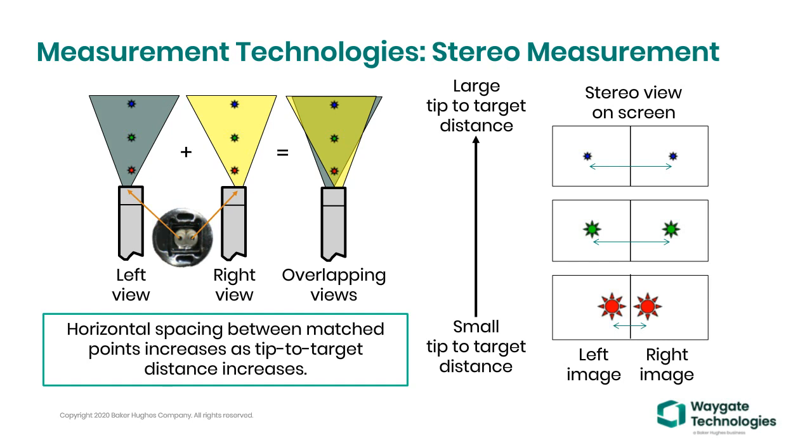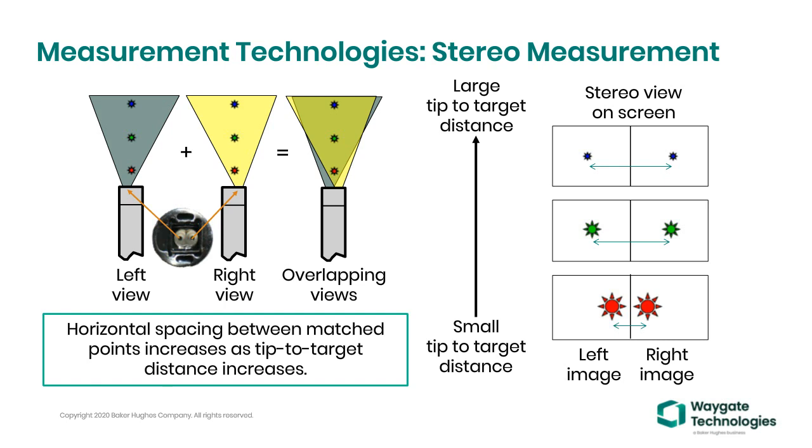Objects that are close to the camera and have a small tip to target distance are going to be positioned more towards the center of the screen on the left and the right images, and objects that are further from the camera are going to be spaced further from the center of the screen, and it's that spatial separation that allows for calculating XYZ because the tip to target distance is known for each of those pixels.